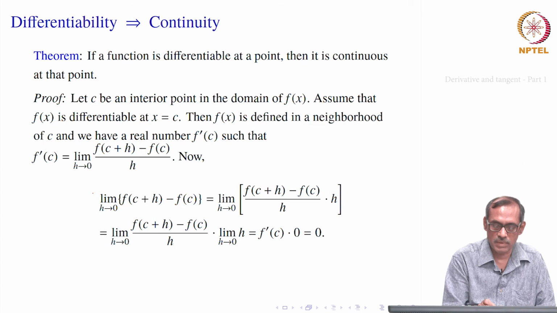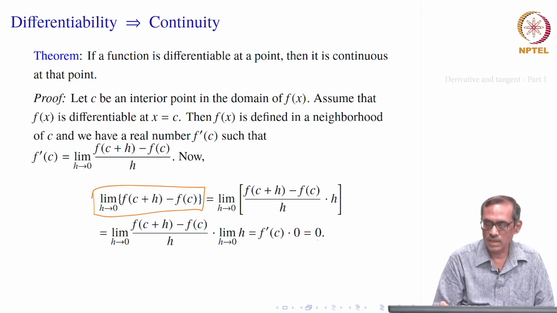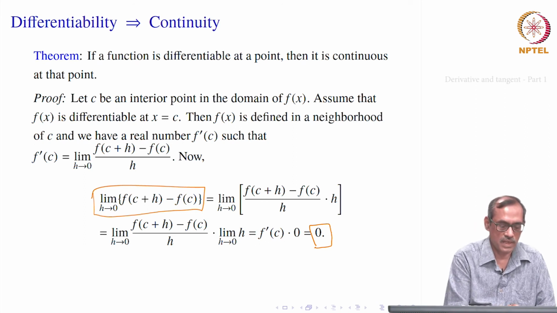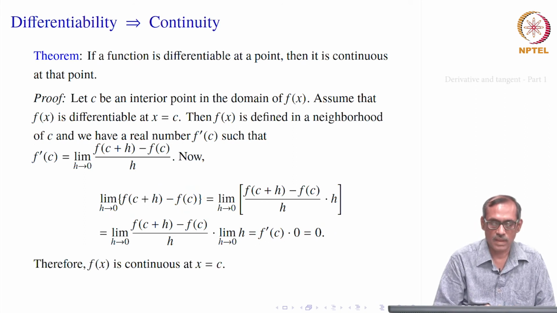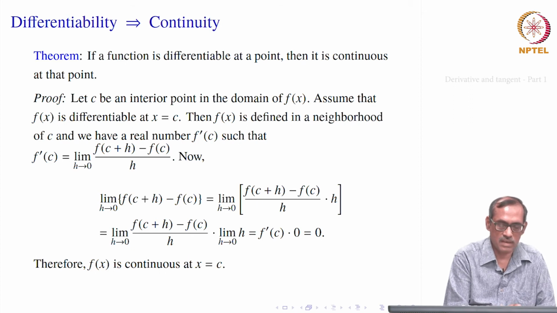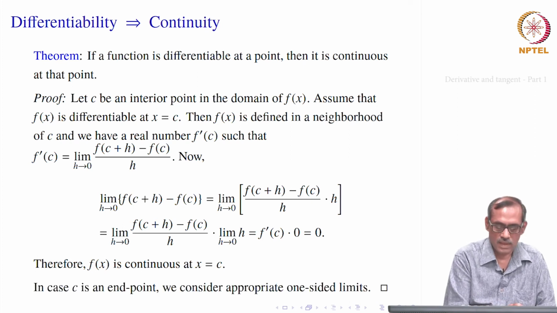So, what we get is the limit as h goes to 0 of f of c plus h minus f of c is equal to 0, and that satisfies the definition of continuity. Therefore, at c f is continuous. So, if it is left or right side only, then also similar things, only one sided limits will come here and you would get the same result. Okay.